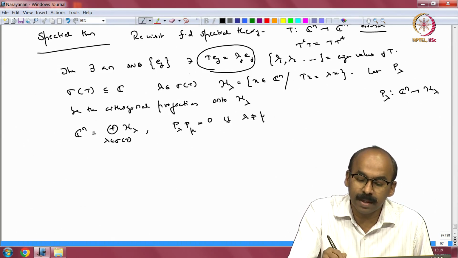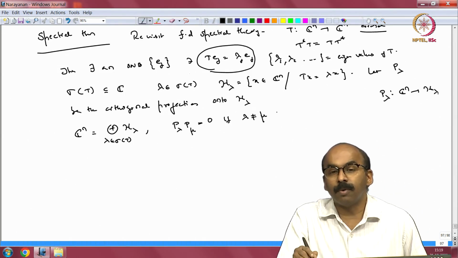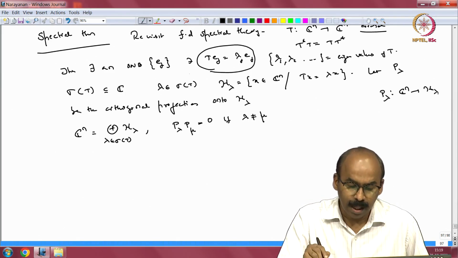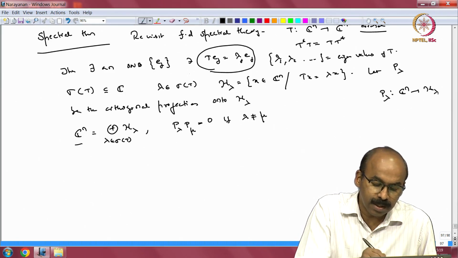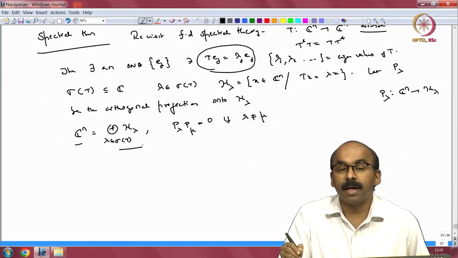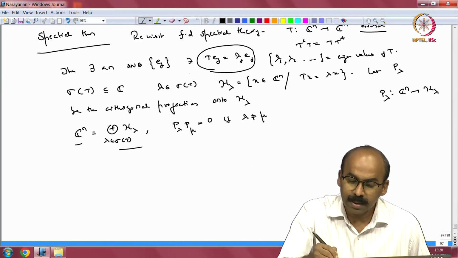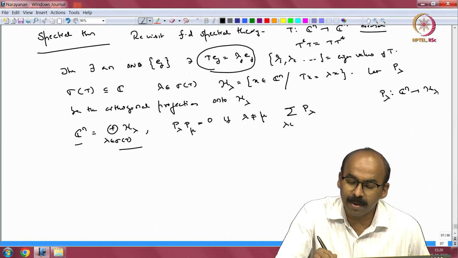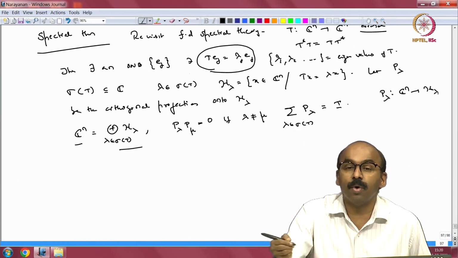That is the same as saying that the eigenspaces corresponding to distinct eigenvalues are orthogonal to each other. But because the sum of the H lambda is Cn, the whole space, that is also the same as saying that the sum of P lambda, where lambda is in the spectrum of T, is the identity operator.